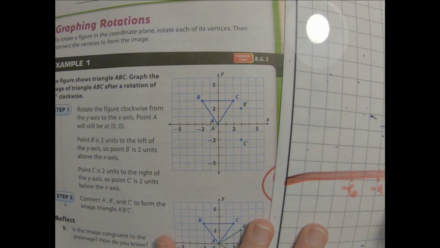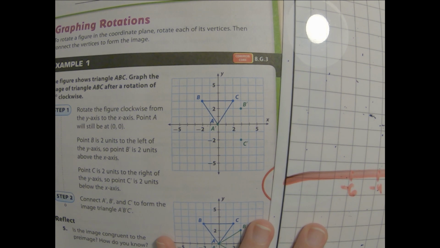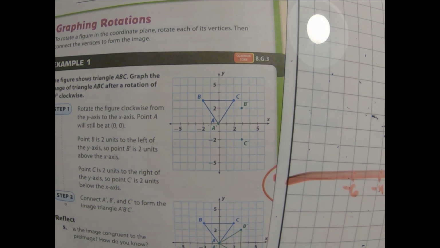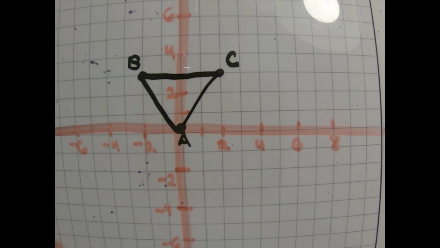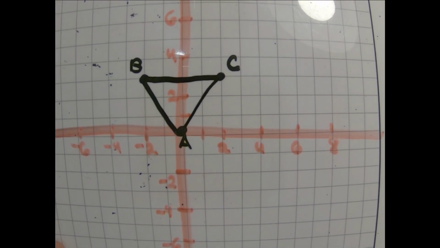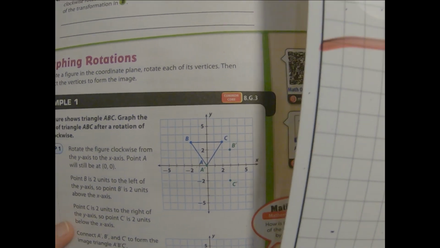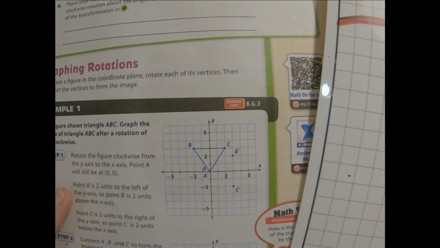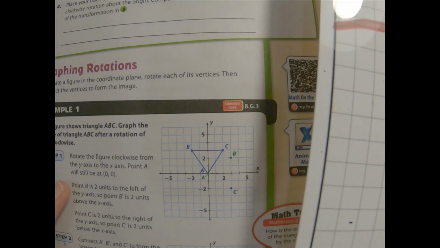And I'll connect my triangle and let you see it. Okay, just like we have in our book. So it says, graph the image of the triangle ABC after a rotation of 90 degrees clockwise.